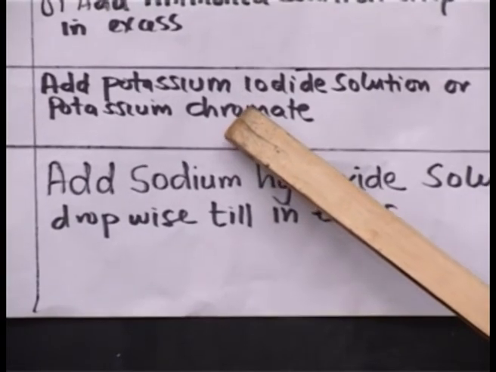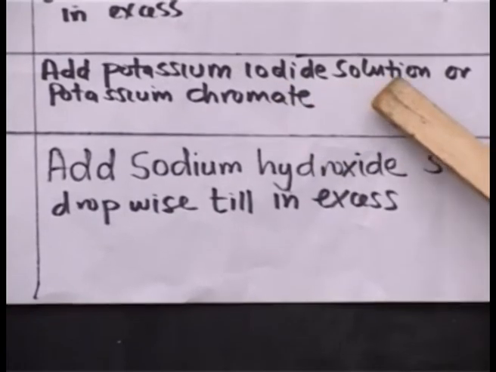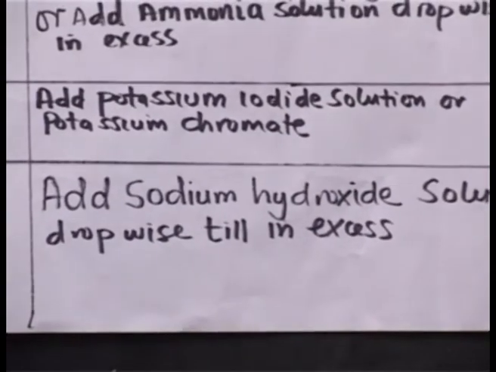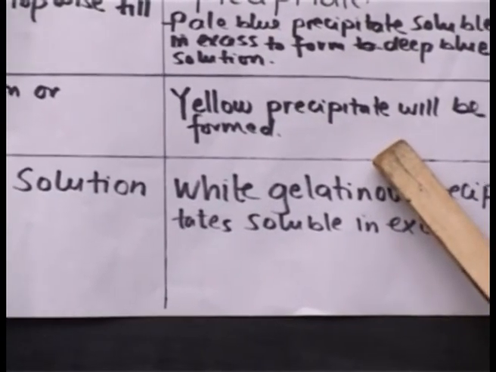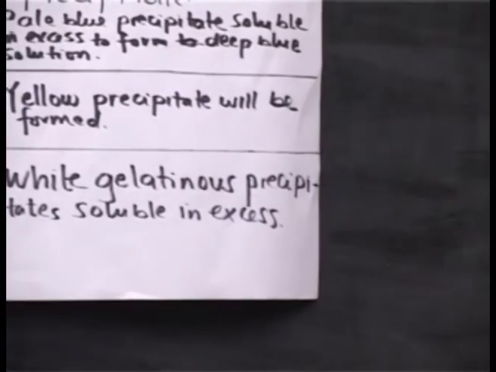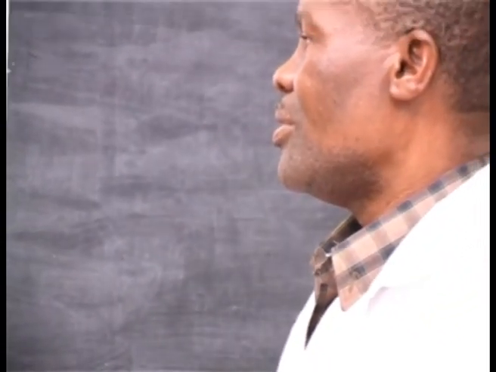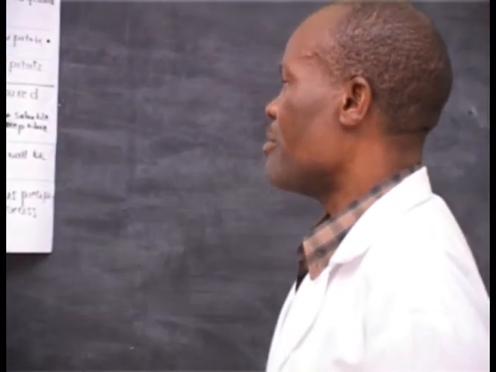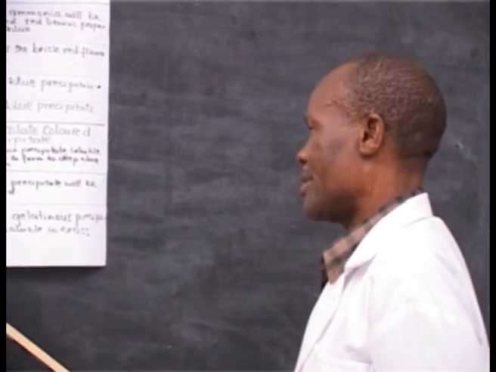To confirm lead(II) ion, you have to add potassium iodide solution or potassium chromate. Here you added potassium iodide solution, and a yellow precipitate formed. To confirm zinc(II) ion, you have to add sodium hydroxide solution dropwise, then in excess.